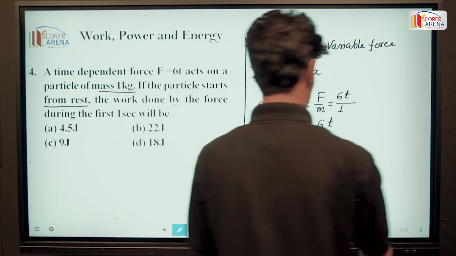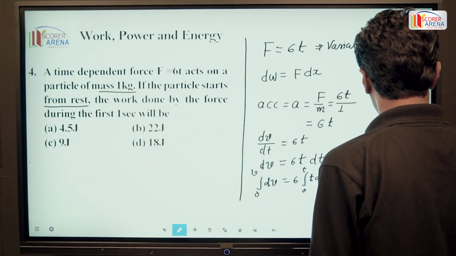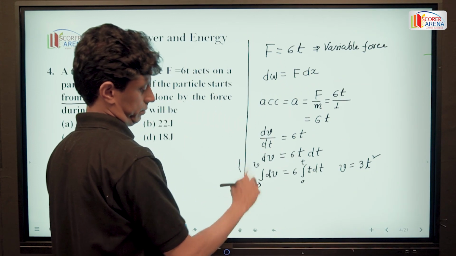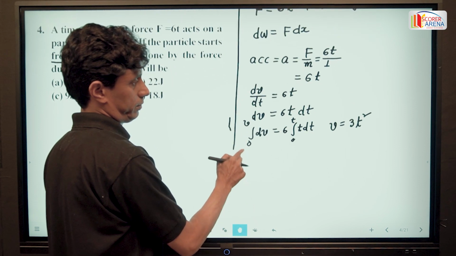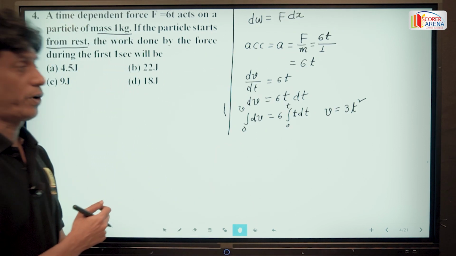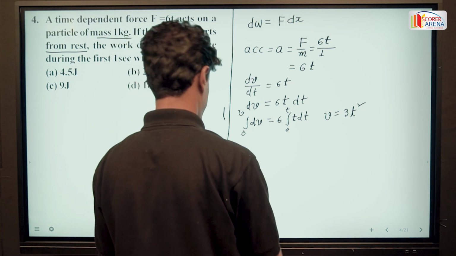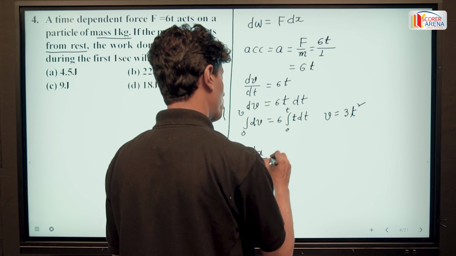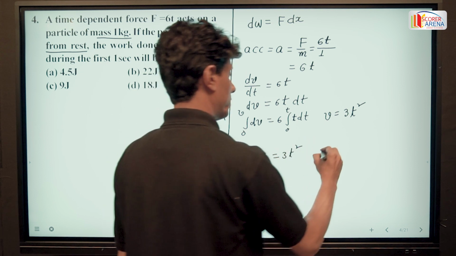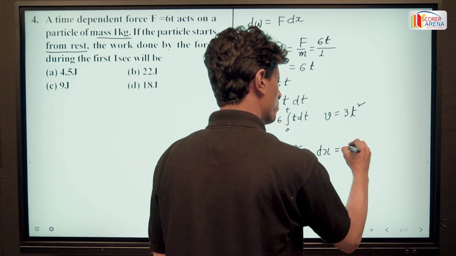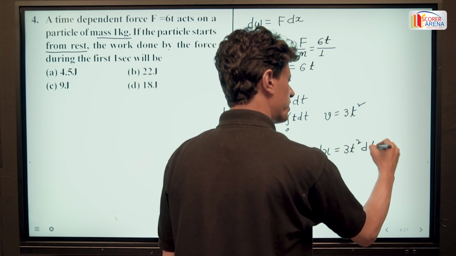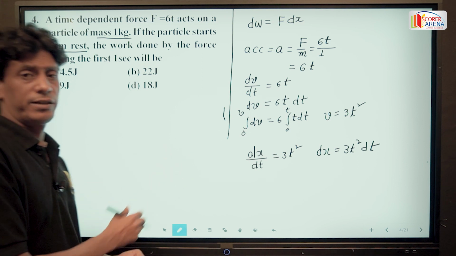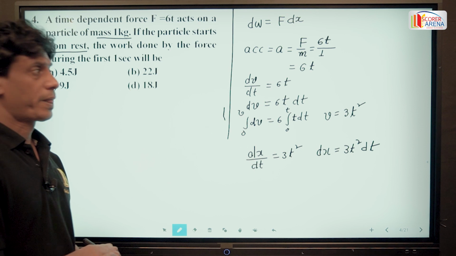So here v is equal to 3t square. So therefore we can say dx by dt is equal to 3t square. So change in displacement is equal to 3t square into change in time. So this is the relation between the displacement and time change.